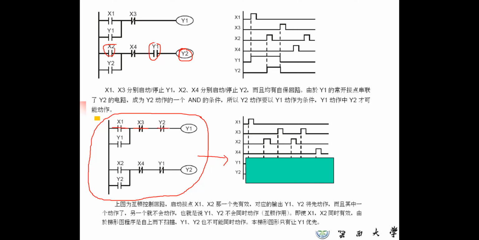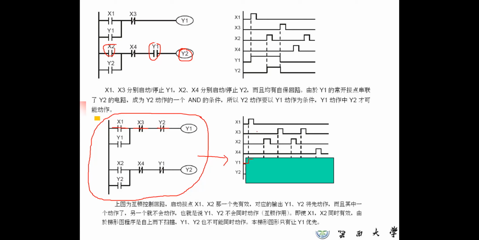So this node is conduction. So Y1 is equal to 1. So we can draw this picture.